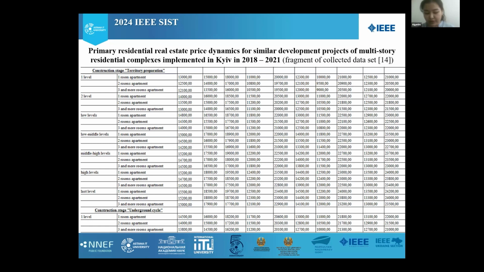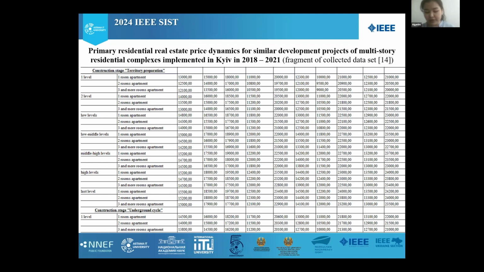To neutralize constructive and regional factors influencing the real estate prices, the sample includes only similar development projects, namely multi-story residential complexes, the implementation of which took place in the same market conditions and in the same time range, namely in the city of Kyiv in 2018 and 2021.